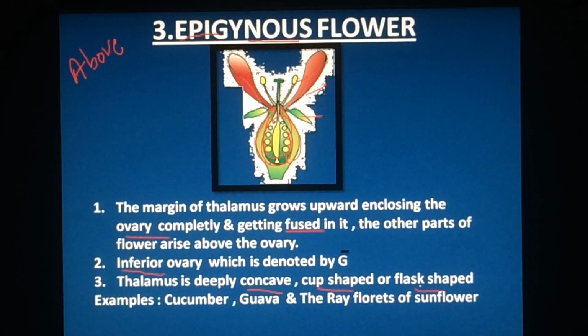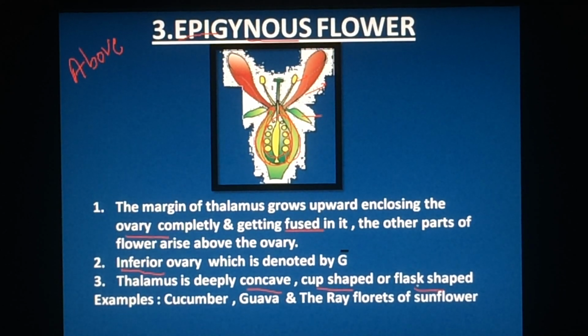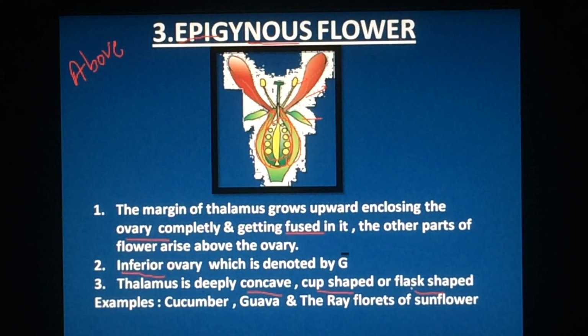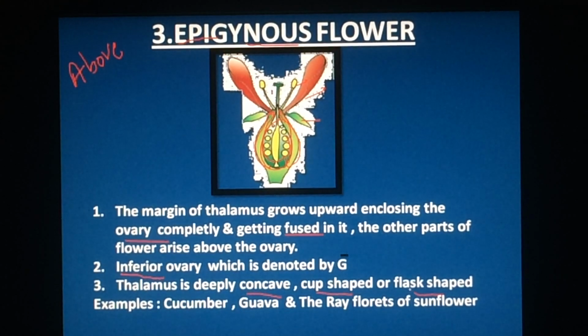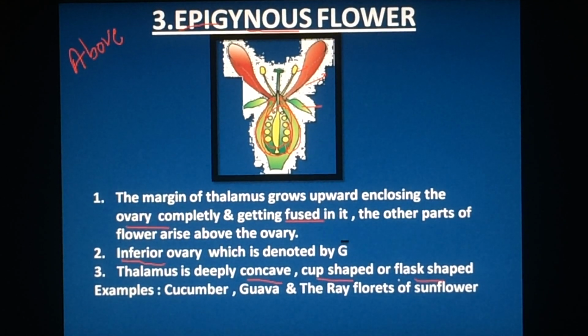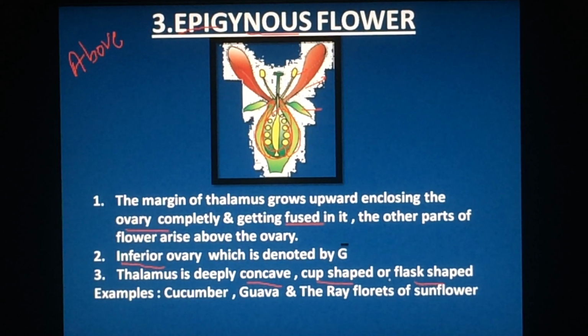So hypogynous, superior ovary, convex shape will be there usually. Perigynous, cup-shaped structure, thalamus will be there. Half inferior or half superior ovary.